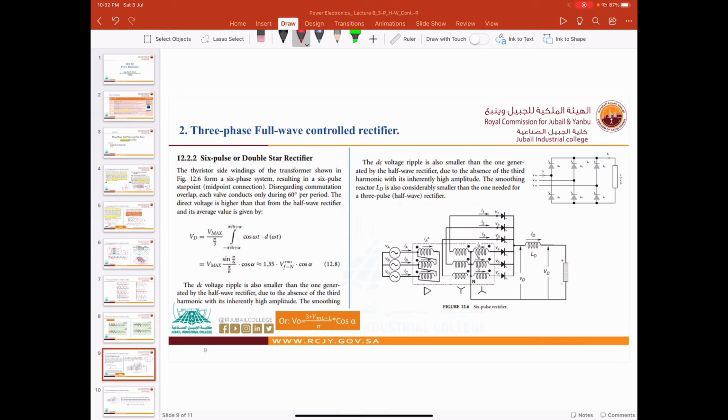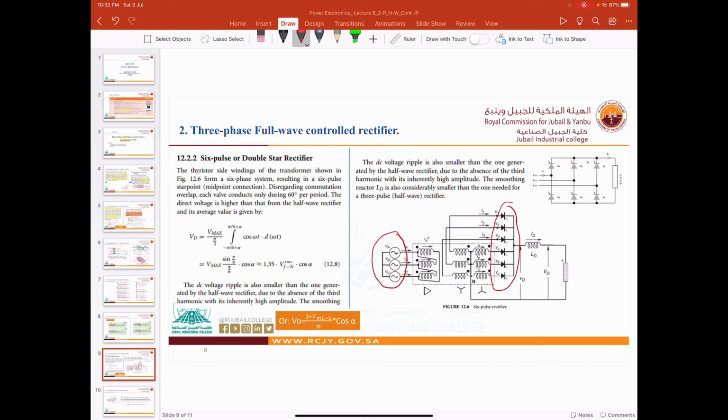Now we will go for the 3-phase full wave controlled rectifier. We have here a practical example. As you can see, we have 3-phase AC. Then we have 6 thyristors, because we are controlling the alpha here.